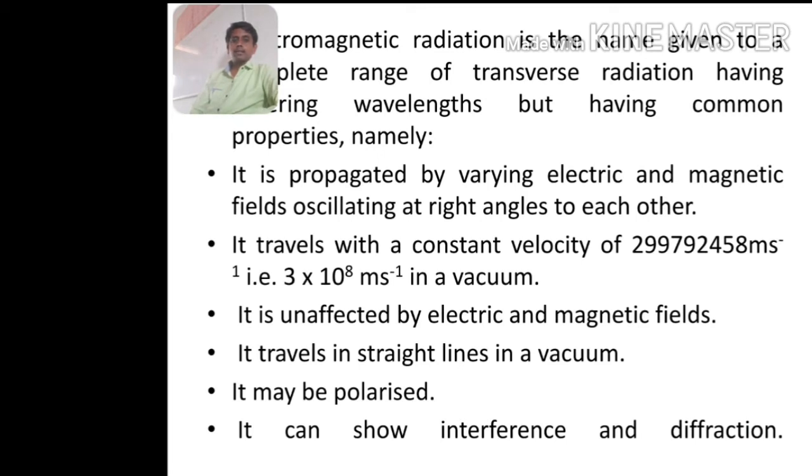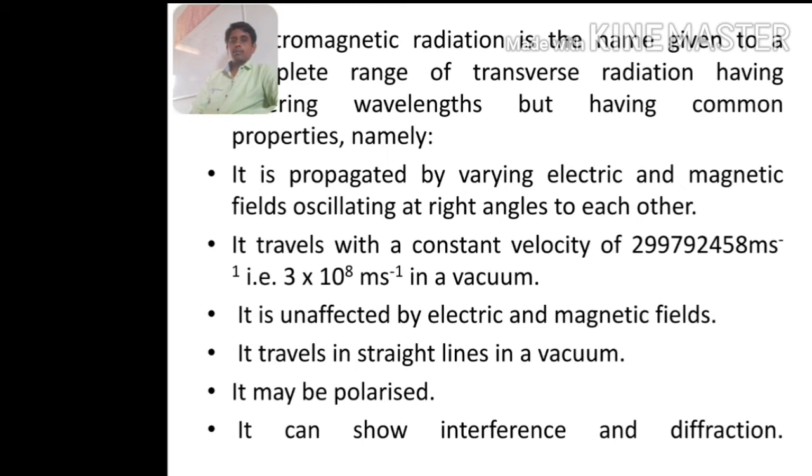Third, it is unaffected by electric and magnetic fields. Means there is no effect of electric and magnetic field on the electromagnetic waves. Fourth, it travels in straight lines in a vacuum.